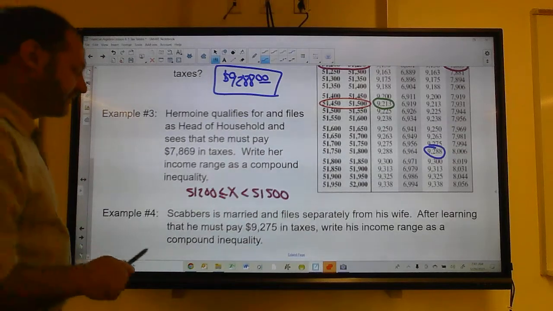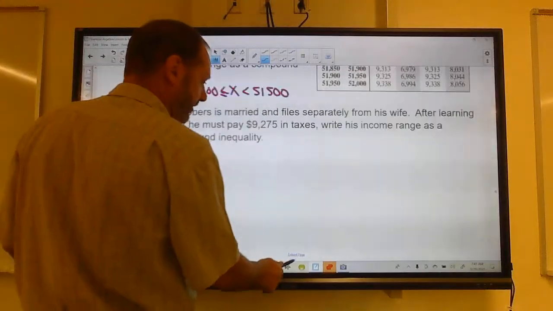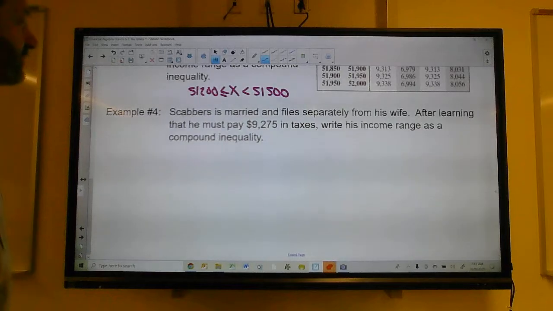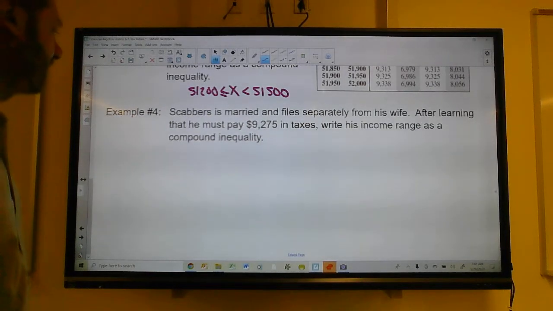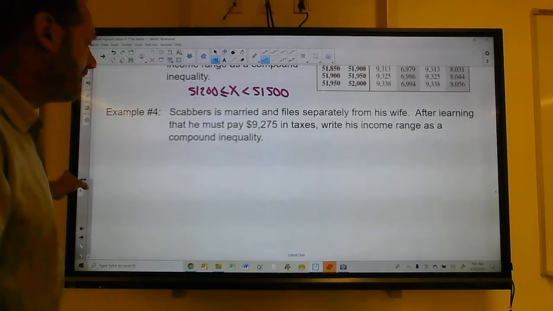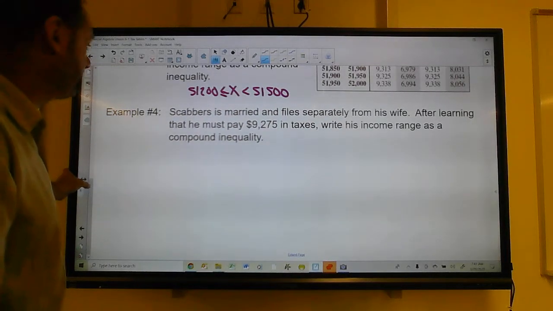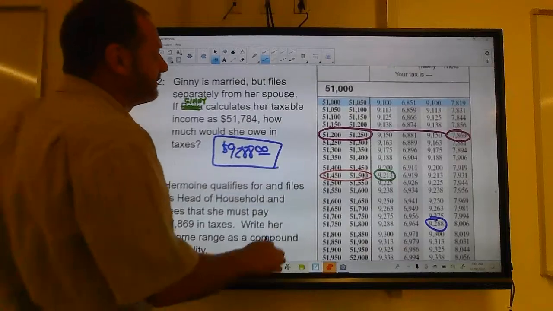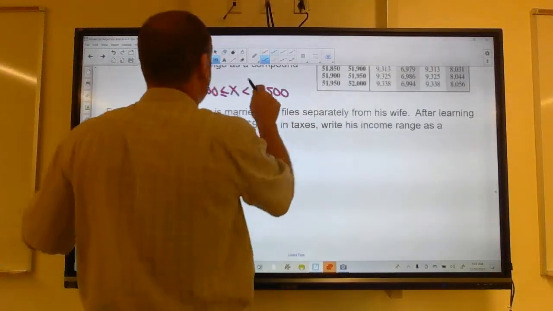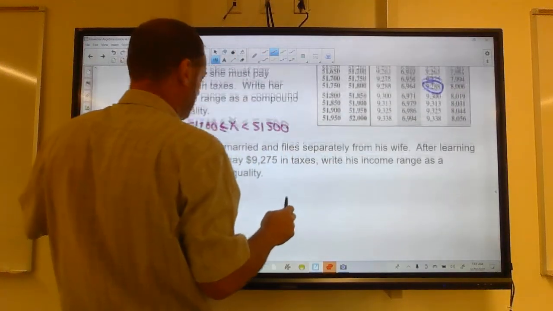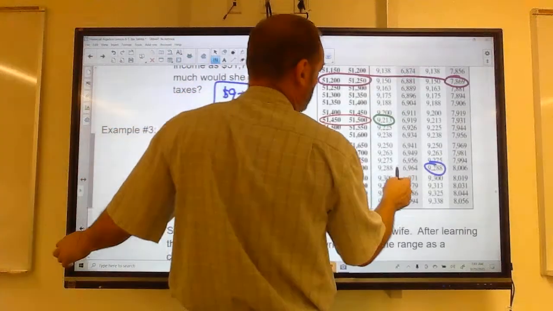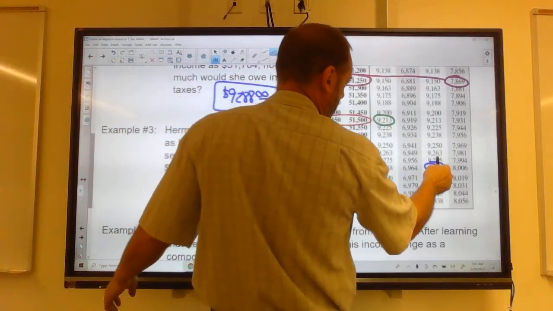All right. Scabbers is married and files separately from his wife. After learning he must pay $9,275 in taxes, write his income range as a compound inequality. So, 9,275, married and separately from his wife. Let's see, that's this column, 9,275.